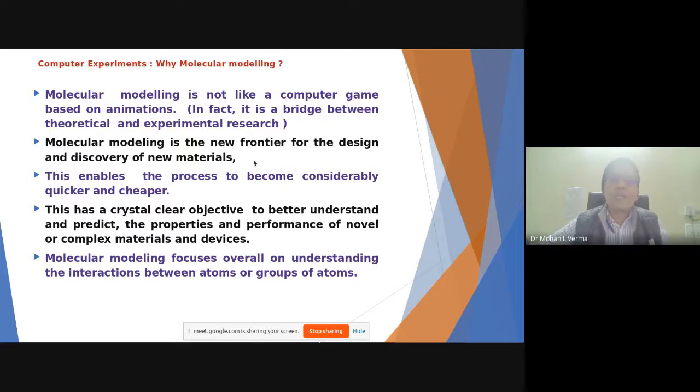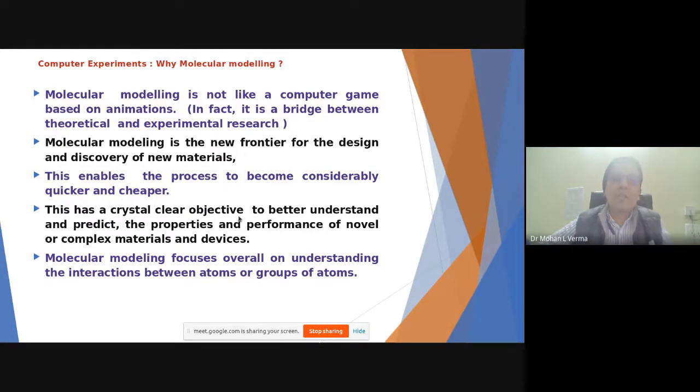Molecular modeling is a new frontier for the design and discovery of new materials. It enables the process to become considerably quicker and cheaper. By using a desktop, with everything on a computer screen, you can design materials quickly and in a very small span of time.